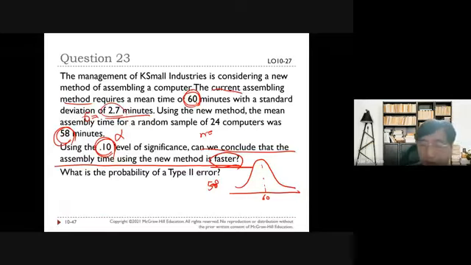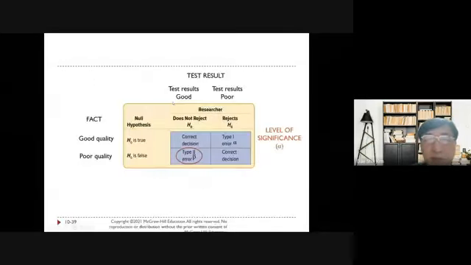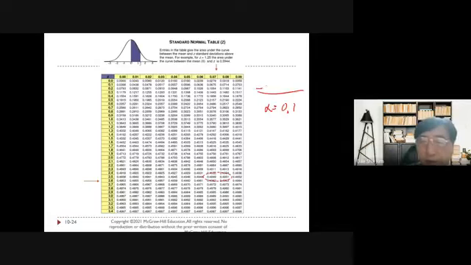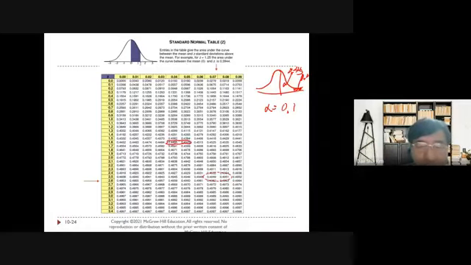For 0.1, the critical value is 1.282, so I will use the normal distribution table. Alpha is 0.1. Looking at the table, 0.05 would give 0.45, and 0.45 is here, which is 1.645.